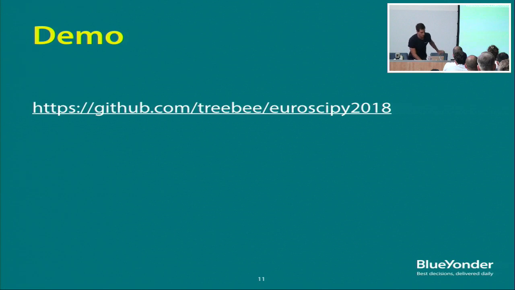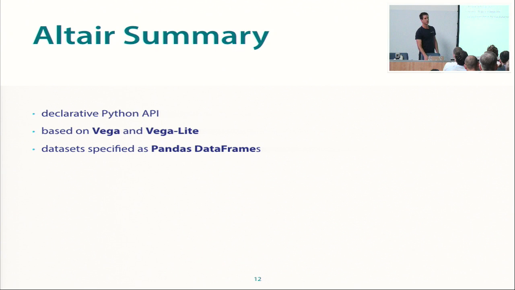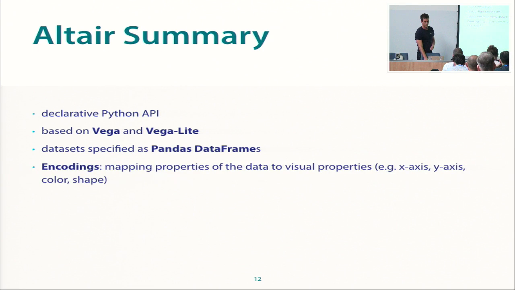Okay, to summarize, Altair provides us a declarative Python API to create Vega and Vega-Lite specifications, so we don't have to do it by hand. And we can use all the features of pandas to specify our data. Altair has this concept of encodings we have seen, so that's how we map the properties of our data to visual properties like color, shape, and so on.